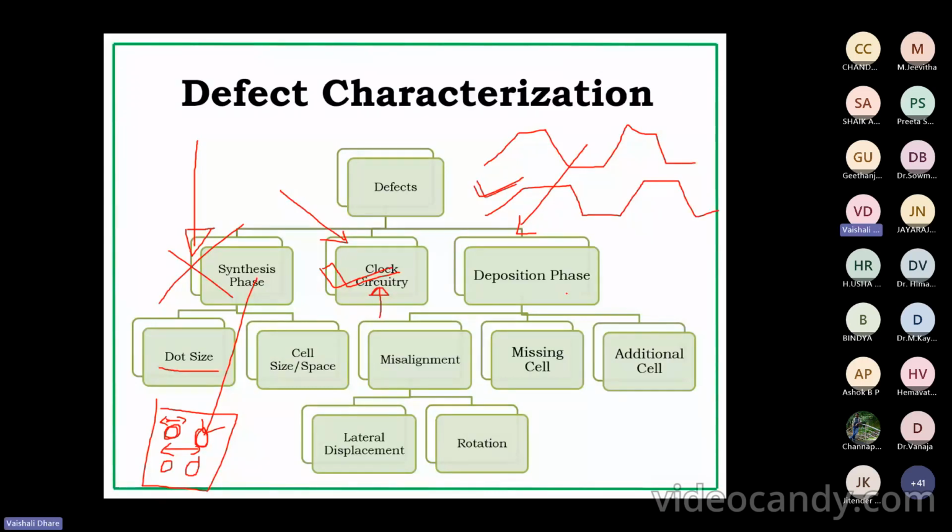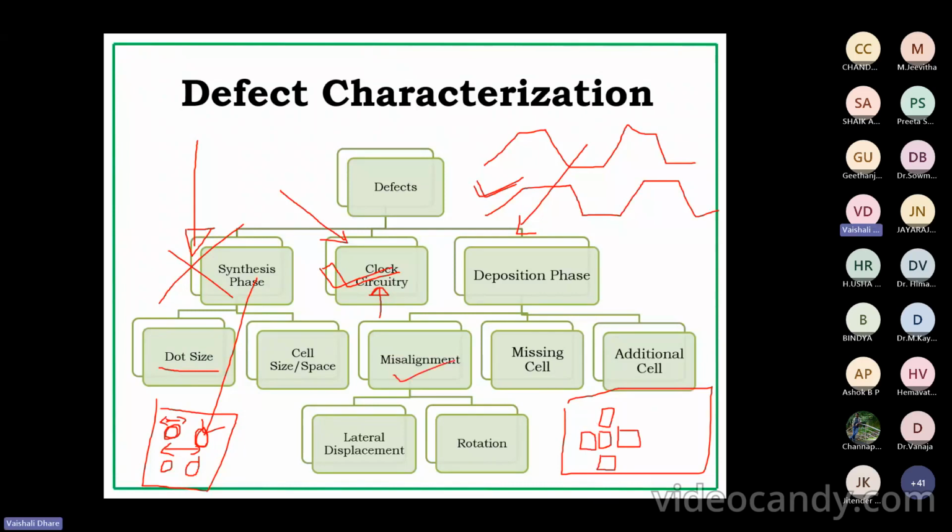Once the cell is fabricated, that cell is deposited on the silicon substrate. So suppose you want to fabricate a MV, and you have already fabricated cells in the synthesis phase, and to form a MV, a majority voter, you need to deposit them on the silicon substrate. So what will happen?